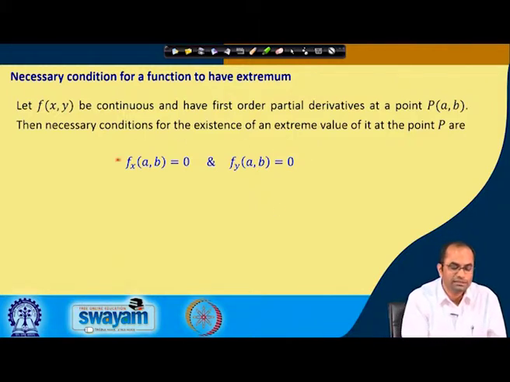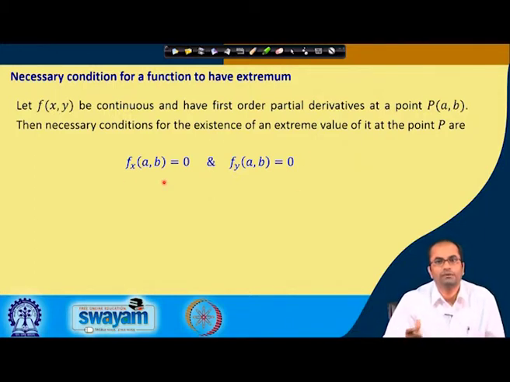That means, without these conditions we cannot have a local maximum or local minimum at this point. So, if a point (a, b) is a point of local maximum or local minimum, then definitely these partial derivatives must vanish at that point. But this is not sufficient.